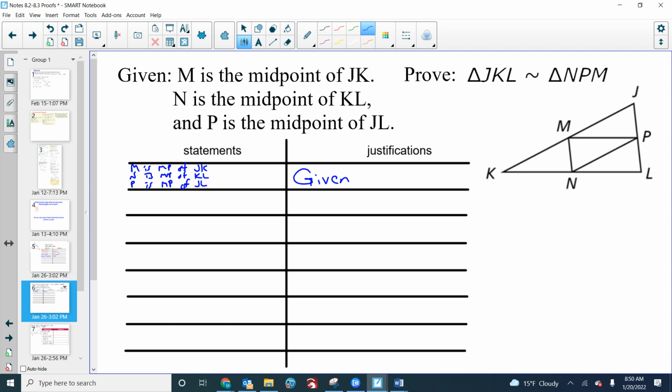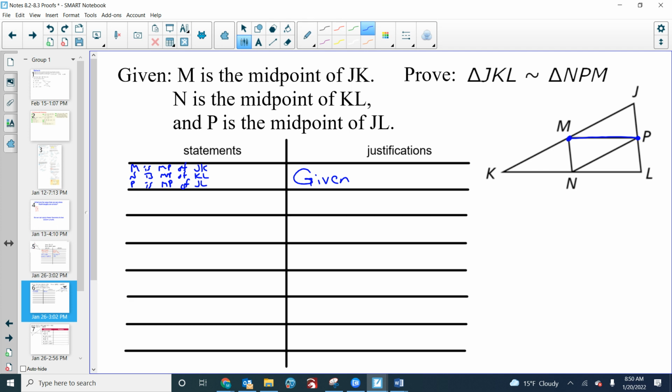Mid-segment? The mid-segments. So MP is a mid-segment. Don't write this down, we're not going to put that in the proof, but you can write it down in your notes if you forget. It's called a mid-segment.